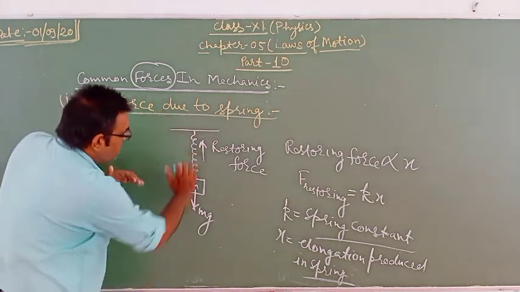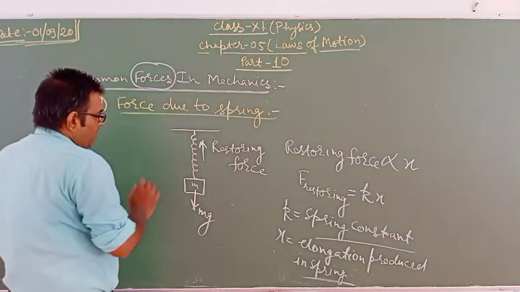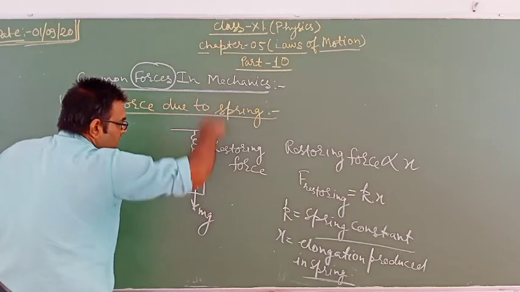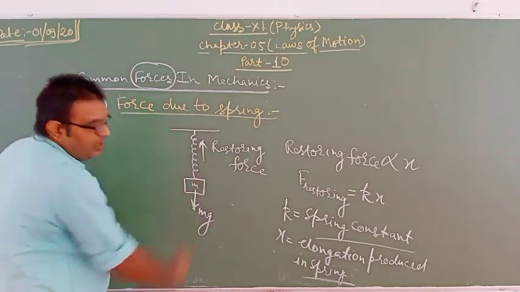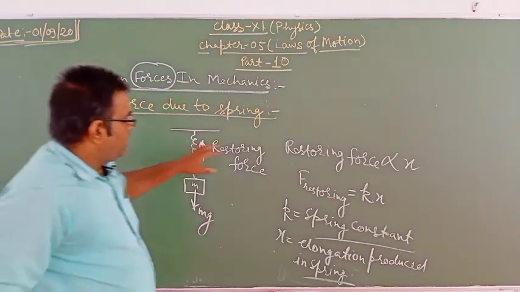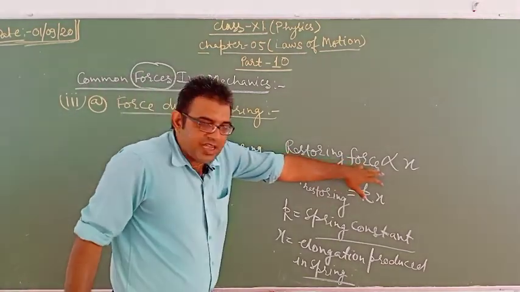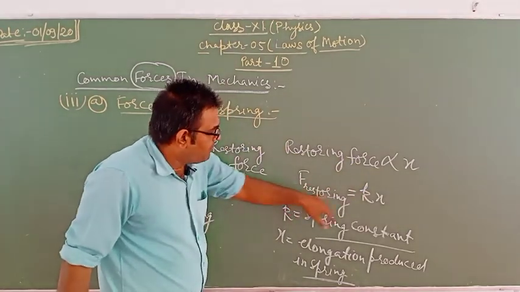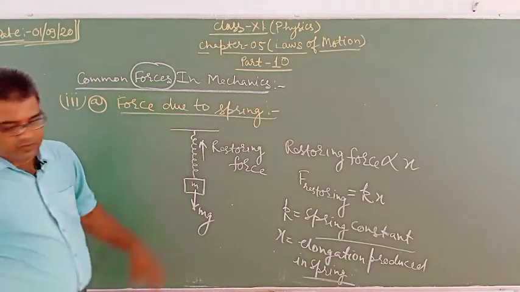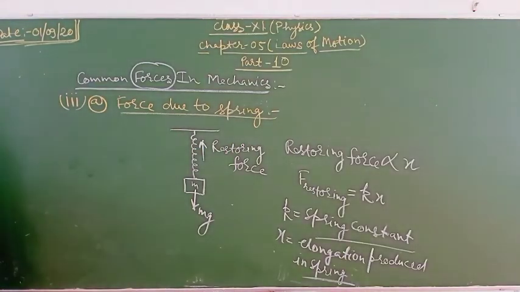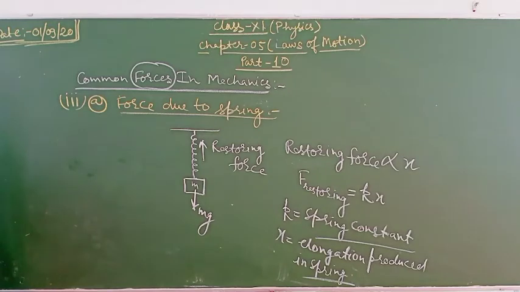If we compress it, that is, if we apply force to compress it, then the restoring force X acts downward to bring it back to its original position. Here also the force is directly proportional to X, and F compression is equal to K into X, where K is the spring constant, just opposite to this. So this is all about the force due to spring.